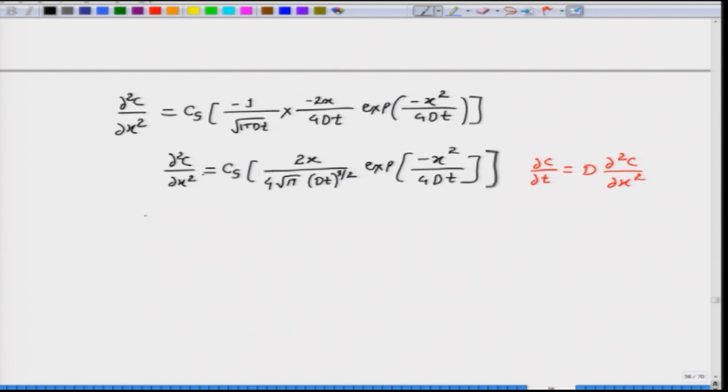If we try to plot concentration versus x at any given time, so, if Cs is the start composition on the surface, negative slope and positive curvature. Right.